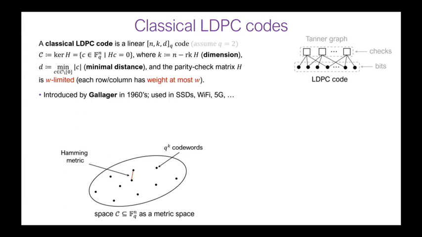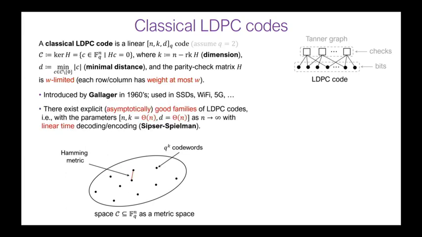Classical LDPC codes were introduced by Robert Gallager in the 60s, and nowadays they're used almost everywhere, and you can find them in SSDs, in Wi-Fi, in 5G. Gallager, when he introduced them, already showed that there exist good families of LDPC codes.